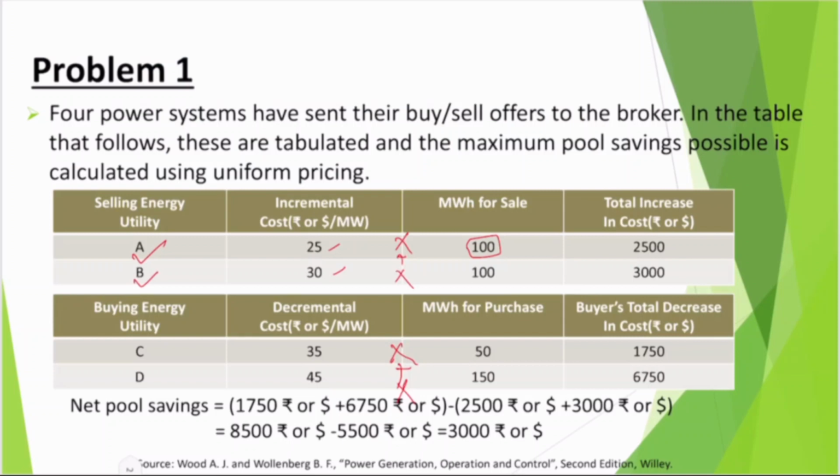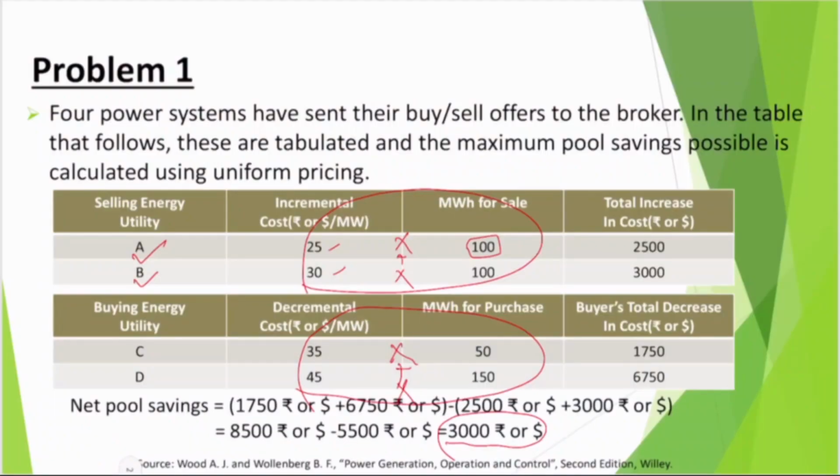So whatever cost this block gives you, you pay to the energy sellers, and the rest will be the profit. And as you could see, there will be at least 3,000 rupees or dollars saving due to this mechanism. So the market manager, or the pool market, will save 3,000 rupees or dollars with the proper arrangement and market clearing.